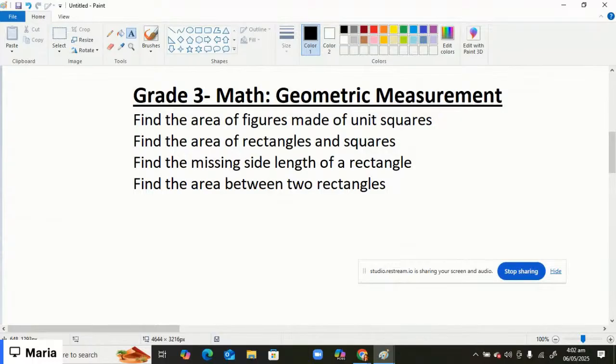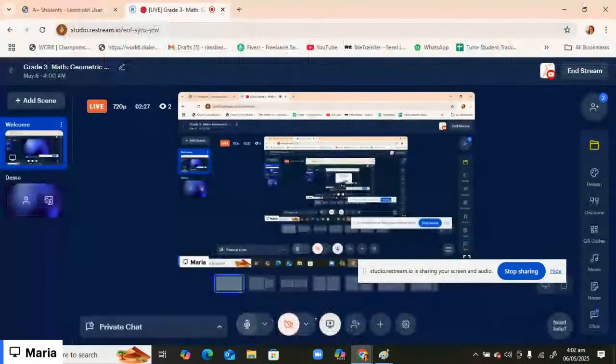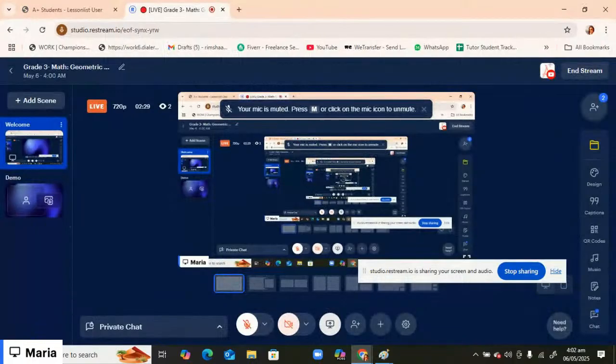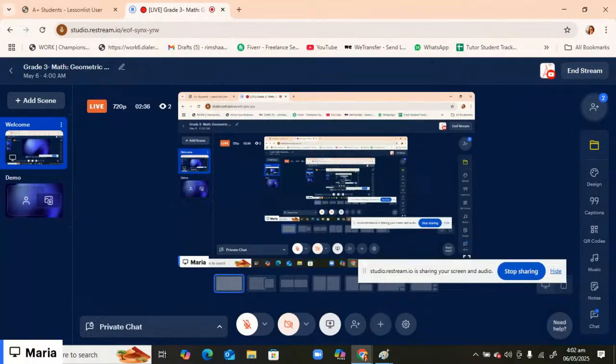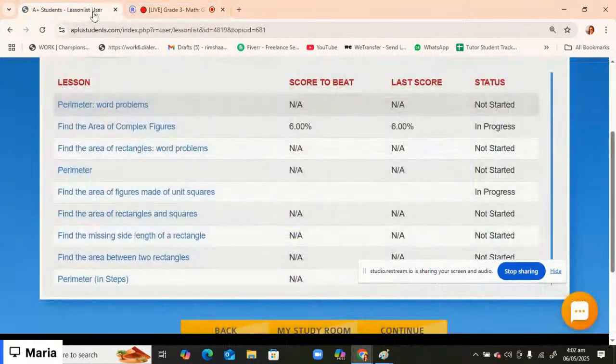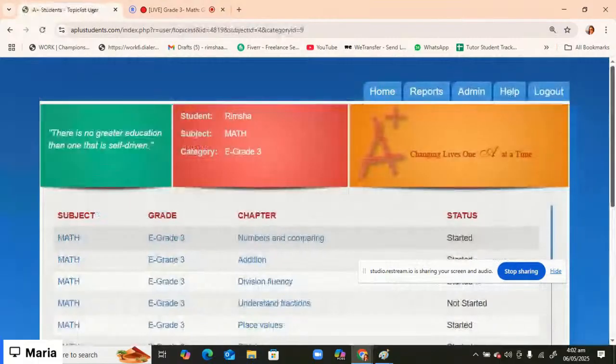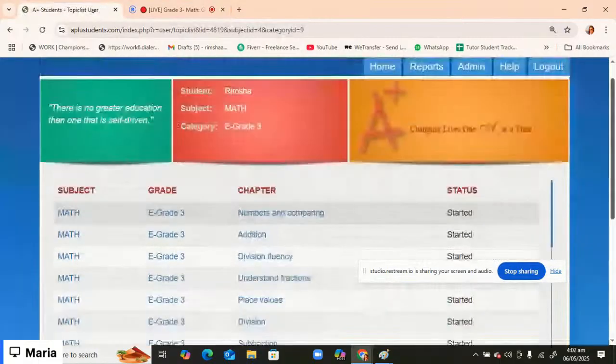You can find all the lessons on aplusstudent.com. You have to log in using your email and the password provided by the administrator.